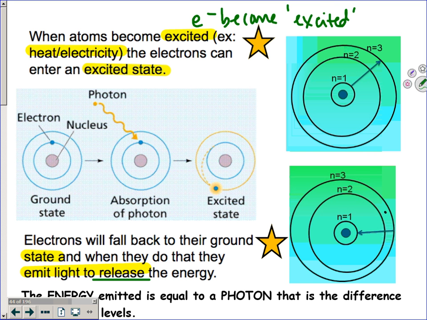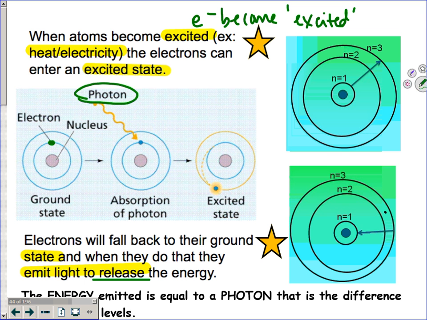The electrons will move from their inner energy levels and bounce out to their higher energy levels. We call that jumping. So this electron here became excited by the addition of some sort of energy.